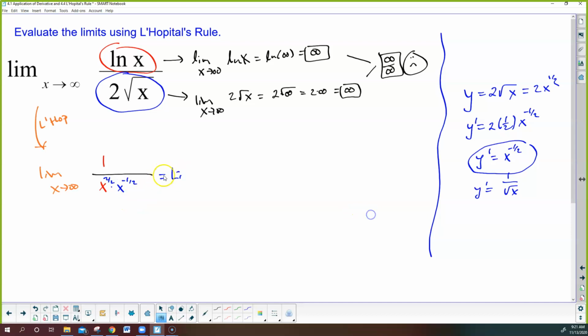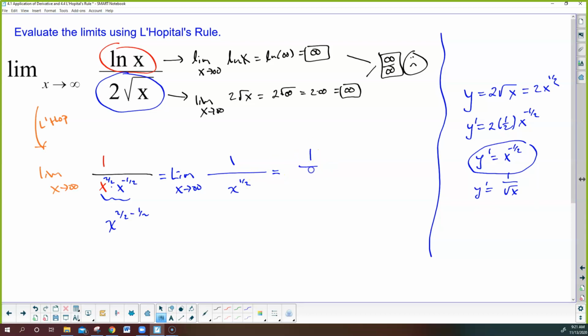So I'm going to use the equal sign because I'm just doing algebra right now. All right, so the top is going to stay 1, but down here, this is the same as adding the exponents, or because it's negative subtracting. So really, when I do this, 2 minus 1 just tells me I have x to the 1/2. So a little bit of algebra simplification allowed me to rewrite this.